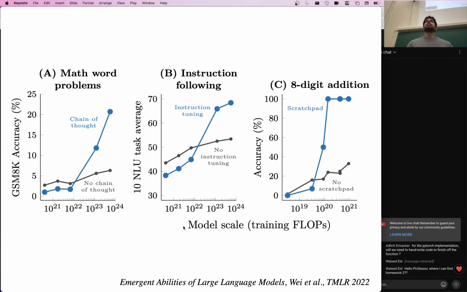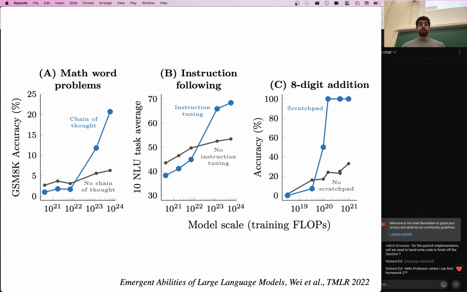Figure B here is also very interesting, so it's relevant to instruction tuning. Here you have some instruction tuning data set, like the Flan data set that we talked about before, and we fine-tune our model on this instruction following data set, and then look at its performance on 10 different tasks averaged together.